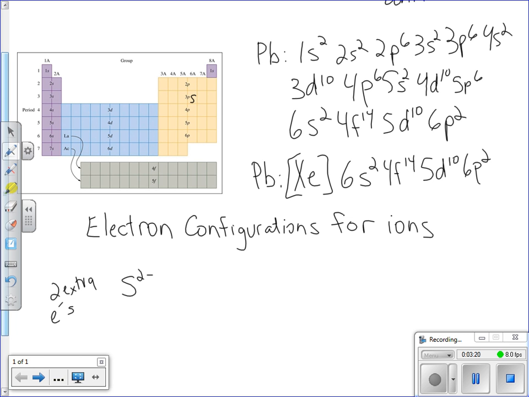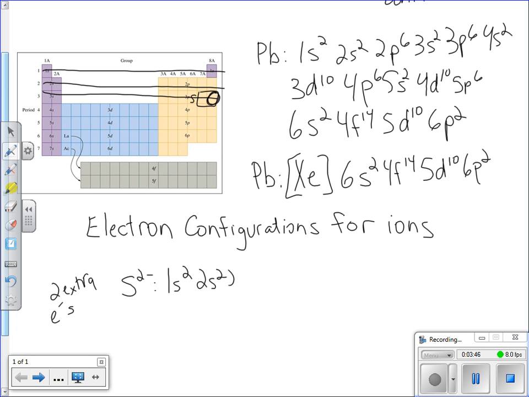Negative charge means extra electrons. So when I do the configuration, instead of going only to sulfur, I actually have to add 2 more electrons to my configuration. So I'm going to do the longhand. 1s2, we're just going left to right, top to bottom. We're going to go all the way to right here. So 1s2, 2s2, 2p6, 3s2, 3p6, and there's my configuration for S2-.